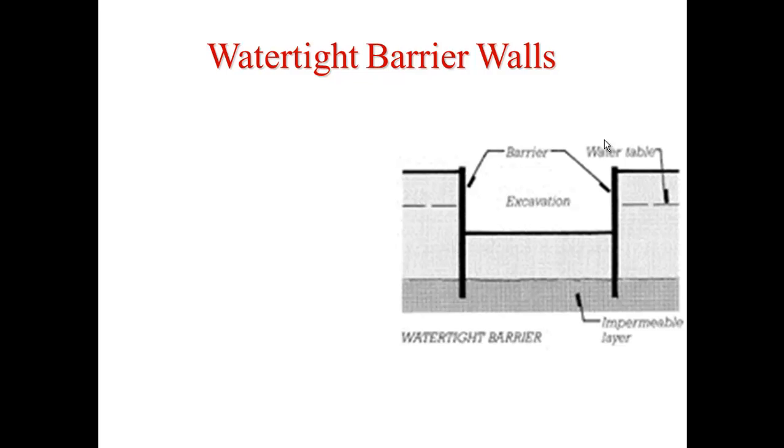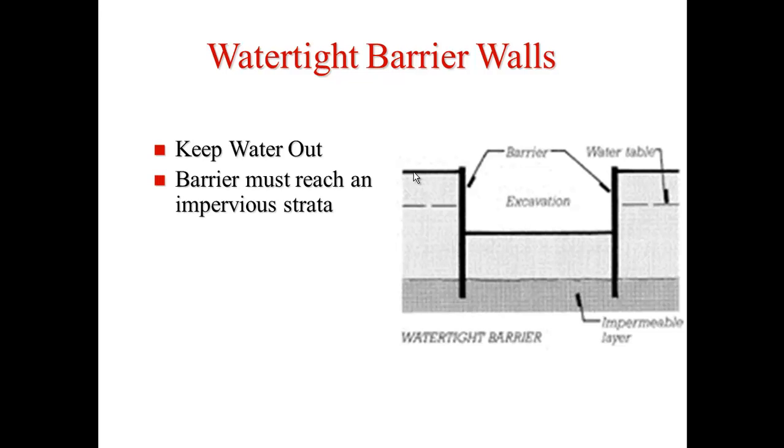So here are our water barriers. We've got a water barrier here, and this line indicates our water level. So we've got a permeable layer in the bottom and a barrier on the outside. We need to keep that water out. The barrier must reach an impervious strata, which is this impermeable layer down here.